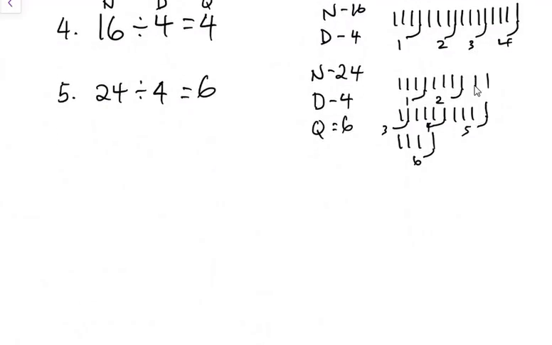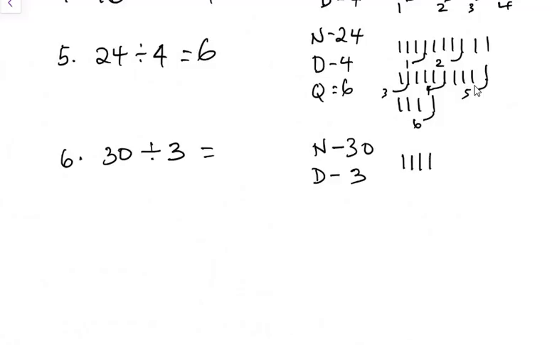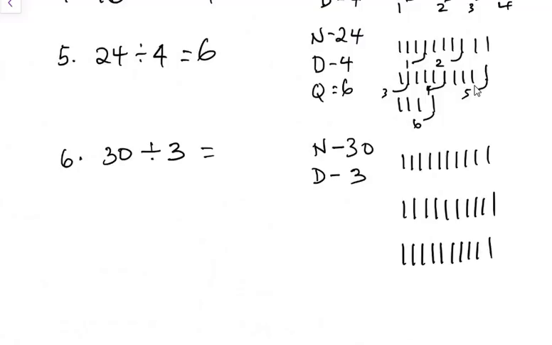And let's take the last example. We have 30 divided by 3. Now, what will be our numerator again? That will be 30. And the denominator will be 3. And what are we saying? How many times will 3 go in 30? So we lay out 1 to 10, 1 to 10, 1 to 10, so we have 30.